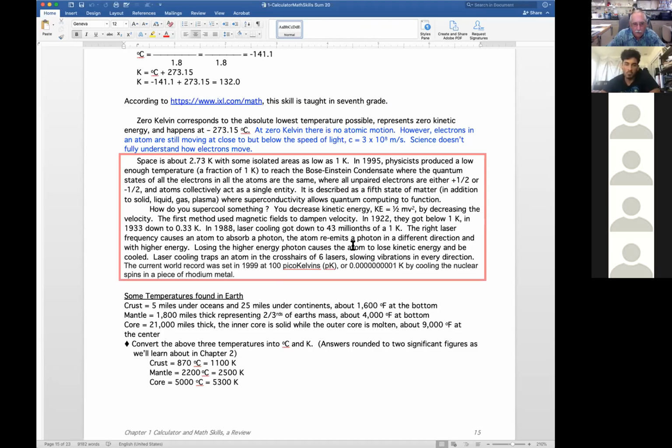And then they got laser cooling down. So they used lasers to dampen the frequency of these atomic motions. And they got pretty close to 0 degrees Kelvin. Okay. So here's where they are now. That's pretty much 0 degrees Kelvin.